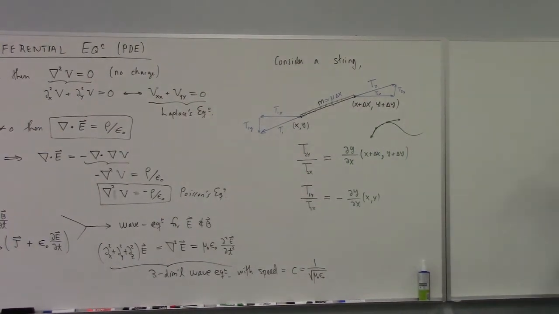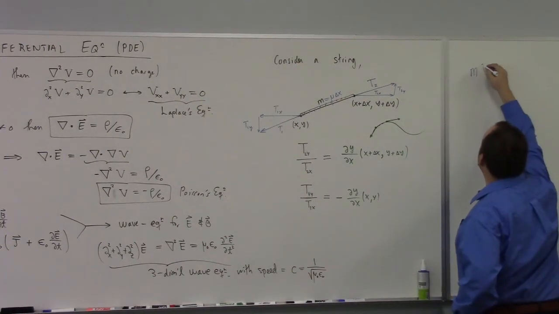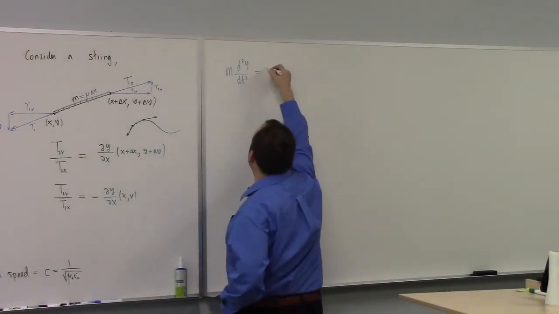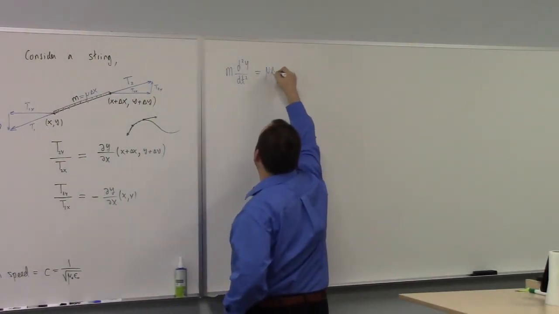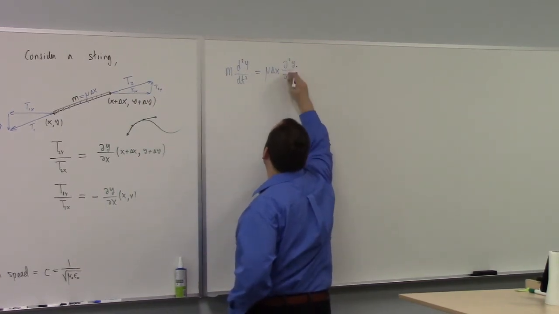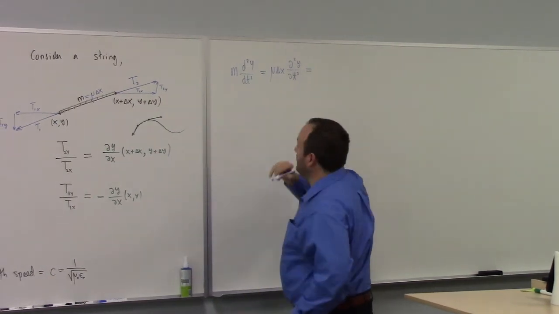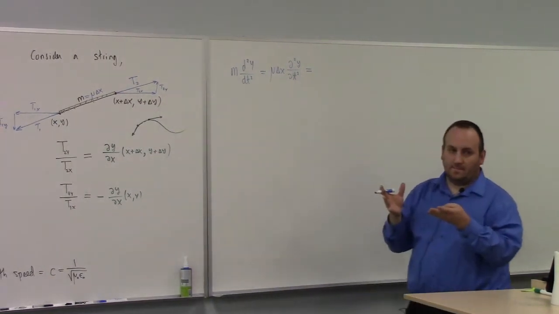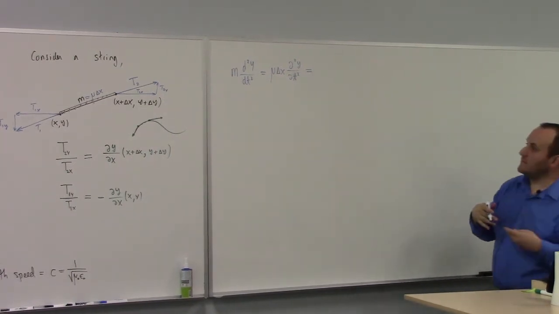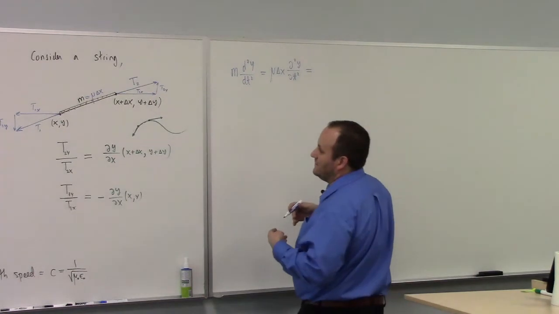But Newton's second law says that m d squared y dt squared, which in our context would be mu delta x partial squared y partial t squared, should be equal to what? We're just looking at the y component, right? So it should be equal to these two guys.